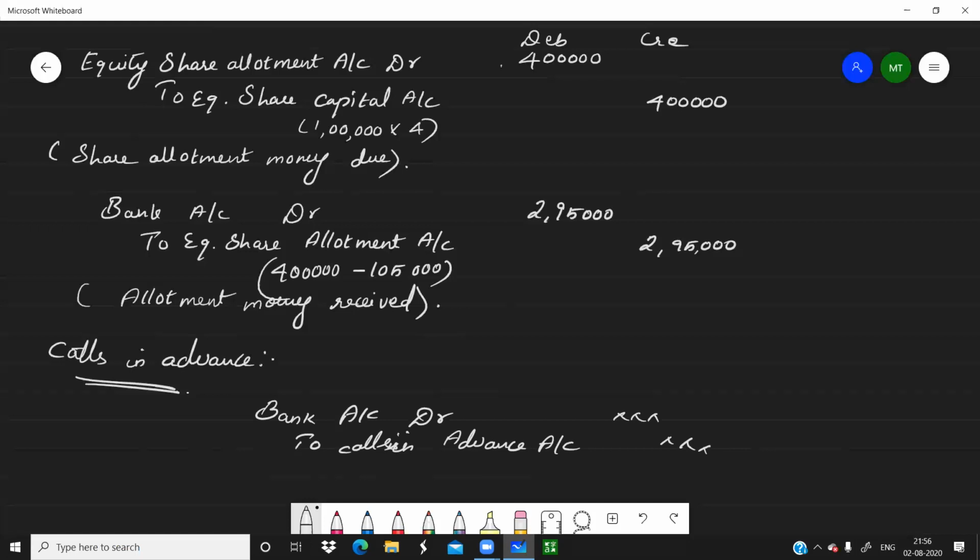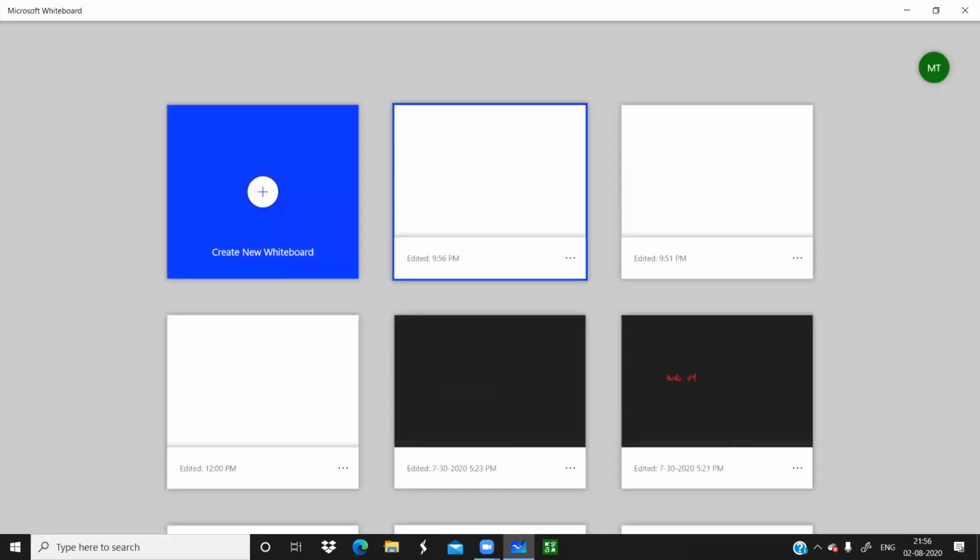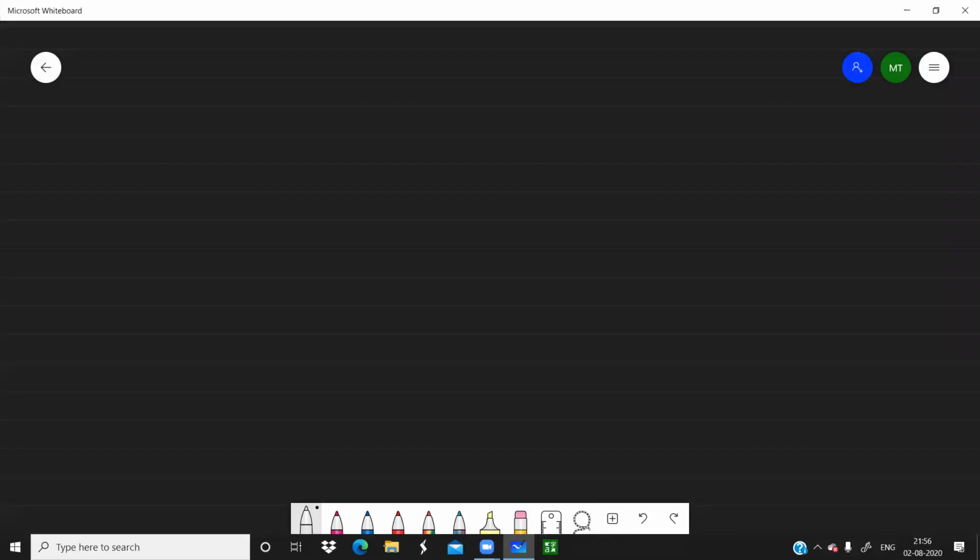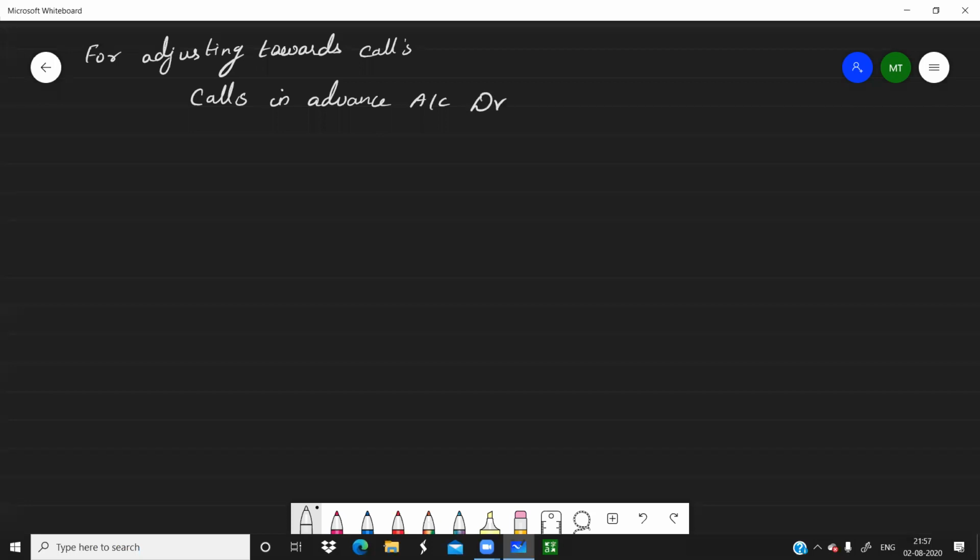So when adjusting calls, for adjusting towards calls: calls in advance account debtor to share call account.